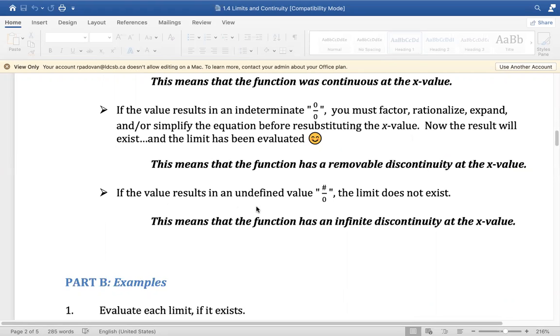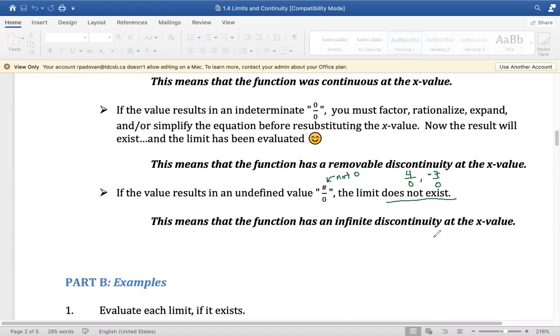If the value results in an undefined value, so a number divided by 0, where the number on top here is not 0, so for example, 4 divided by 0 or -7 divided by 0, a number divided by 0, then the limit does not exist.